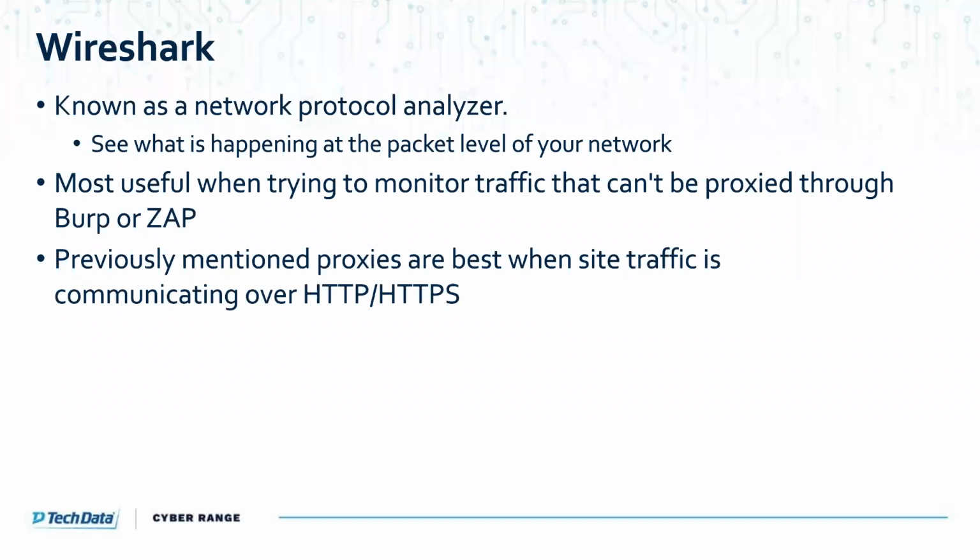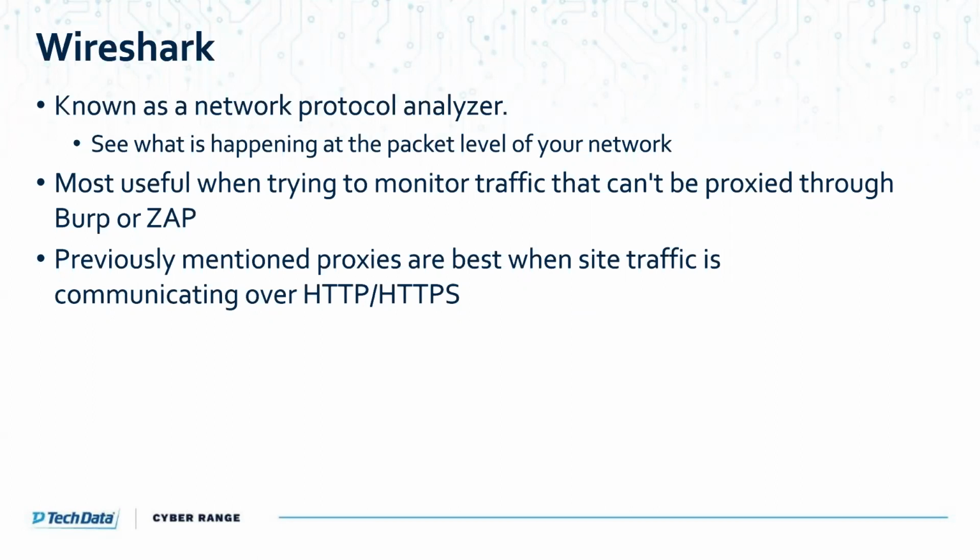But if a site is not communicating over HTTP or HTTPS, it's communicating over another protocol, you can use Wireshark to see what type of traffic's being passed and information that's going across the wire at that packet level. So if you're monitoring traffic from your workstation or from your Hackbox to a website, and that traffic cannot be monitored through Burp or OWASP ZAP or the ZAP proxy, as it is also referred to, you can use Wireshark to do that.